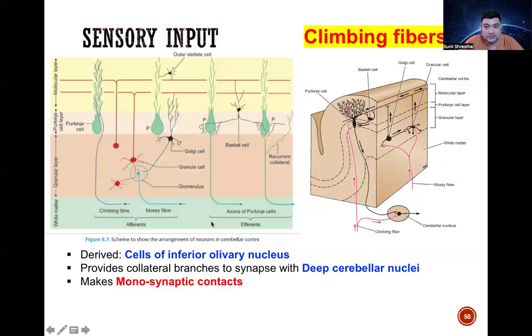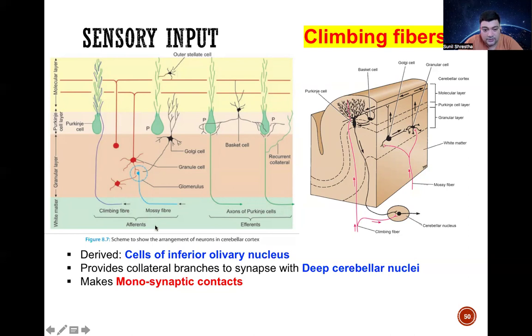Now, sensory inputs. Let's discuss the climbing fiber. These climbing fibers are derived from the cells of the olivary nucleus.